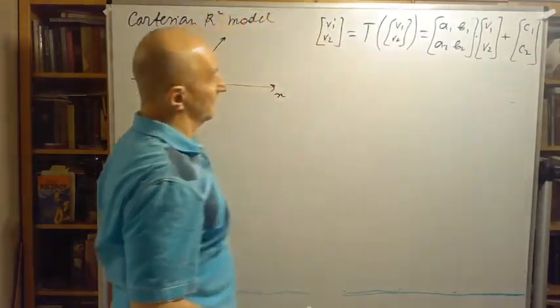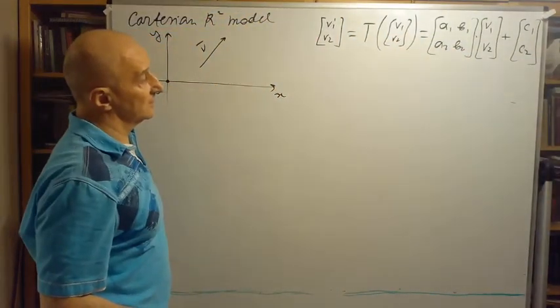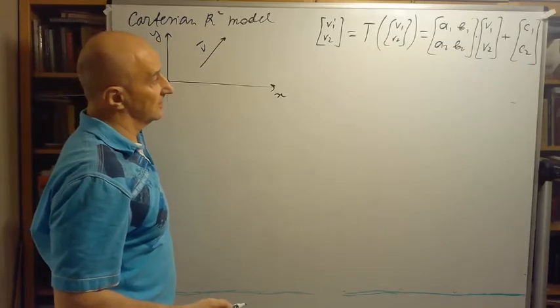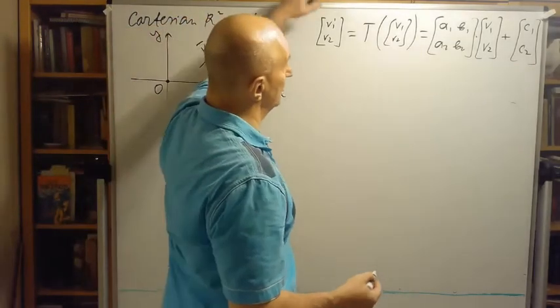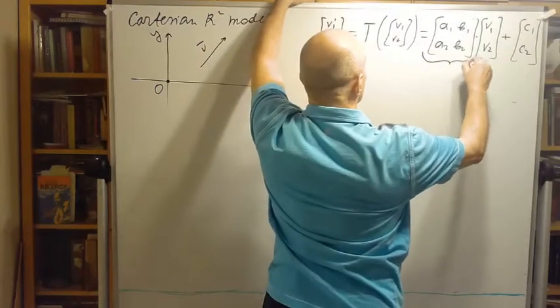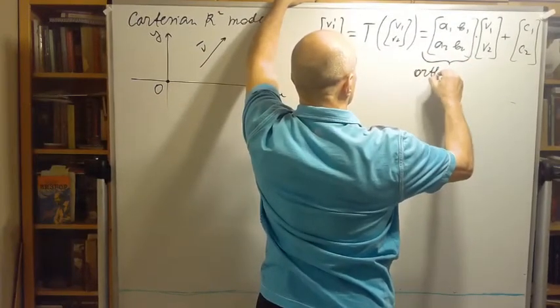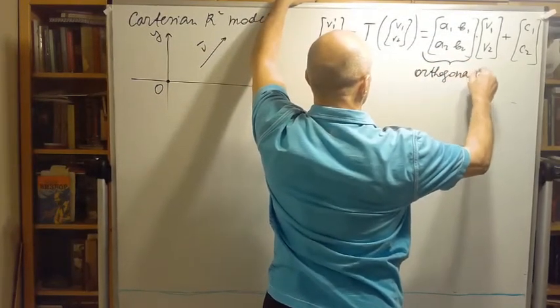However, this matrix a1, b1, a2, b2 must be a so-called orthogonal matrix.